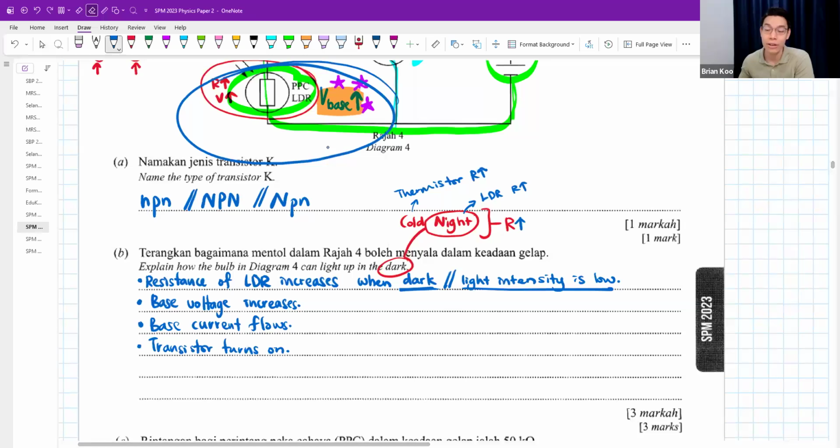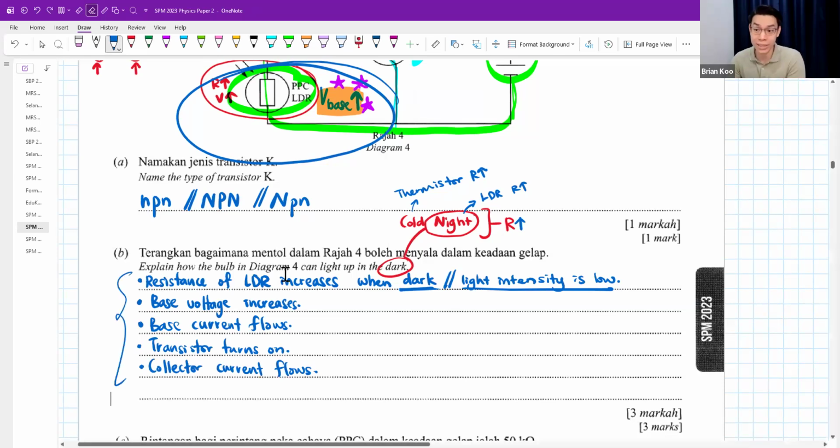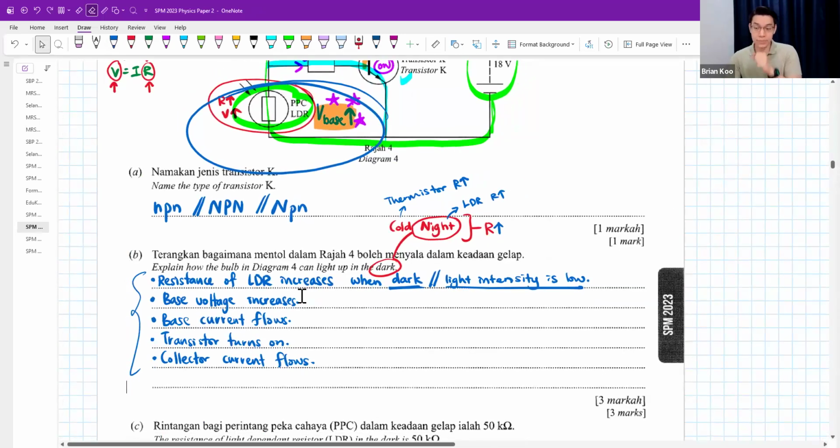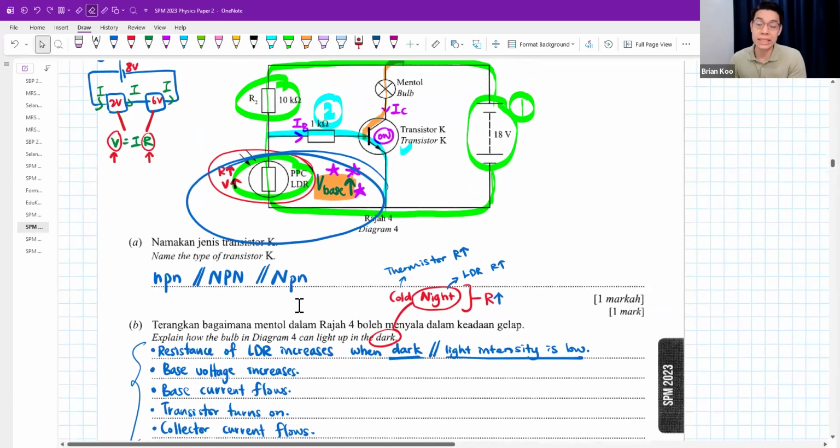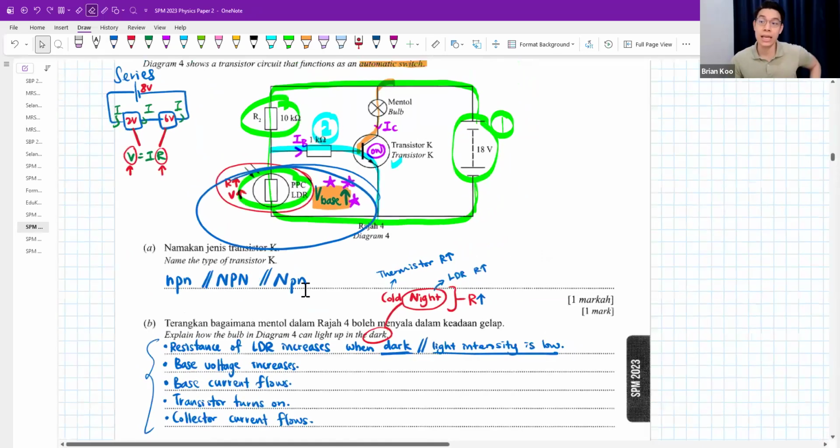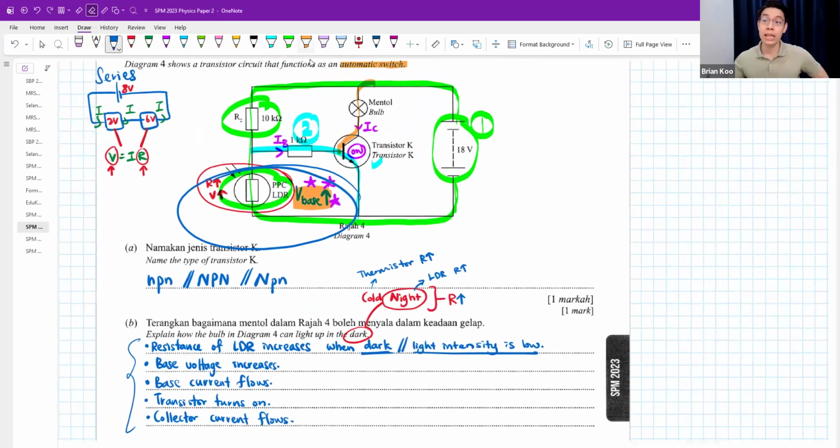And then collector current flows. Okay, any 3 out of 5 you got correct, you get full marks. The answers are very short. Notice the sentences are very short. I'll write exactly like this in SPM. But I hope you can understand the whole flow, like what I explained earlier.